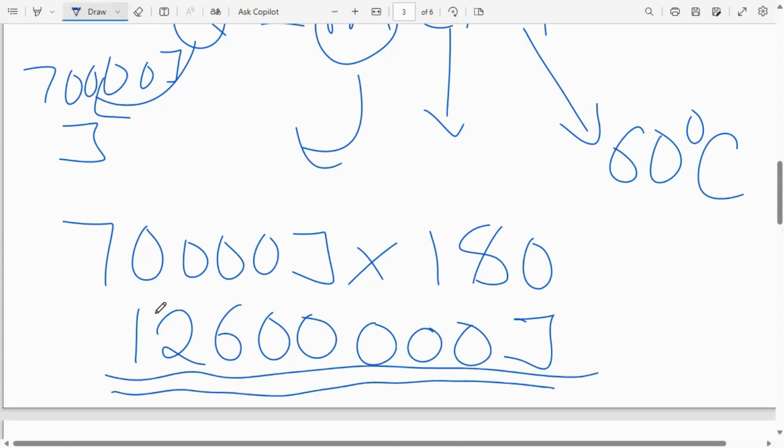So this is the amount of thermal energy that is going to be used in this time frame of 3 minutes, that this liquid is going to change its temperature from 60 to 80 degrees Celsius.